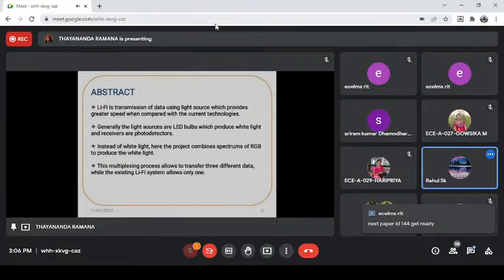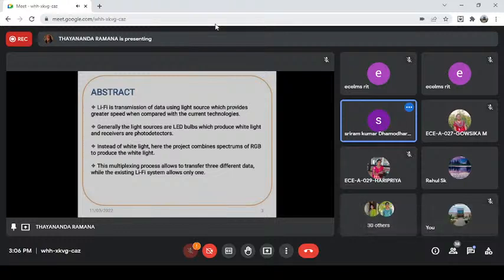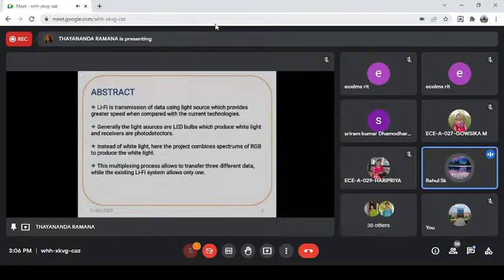Okay. Go ahead, please. When compared with the current technologies, like light transmission using light source, which provides the greatest speed. Can you move your slides and explain?